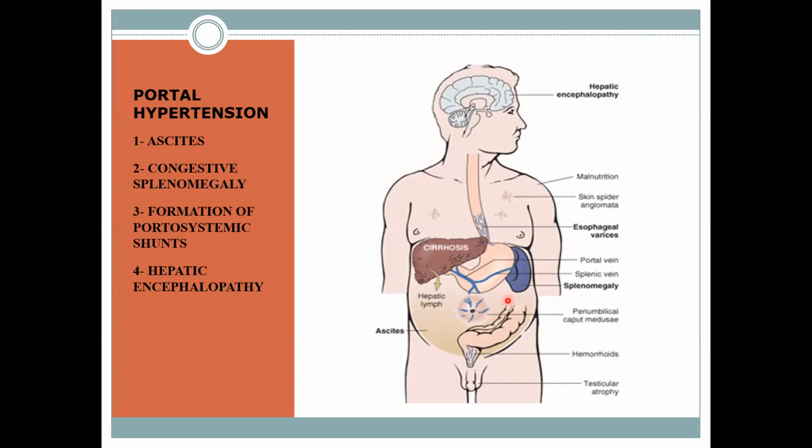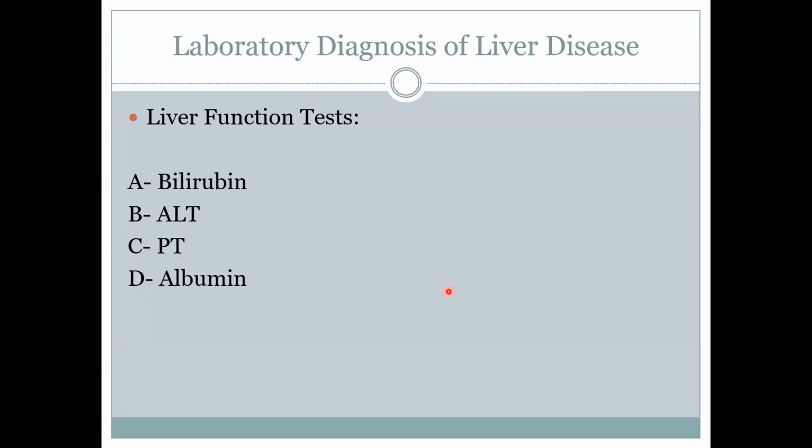You may also see esophageal varices and hemorrhoids. Because the estrogen is no longer being metabolized in the liver, the end result is going to be testicular atrophy in those patients. And because a lot of the toxic metabolites are now bypassing the liver and going into the systemic circulation, hepatic encephalopathy may set in.